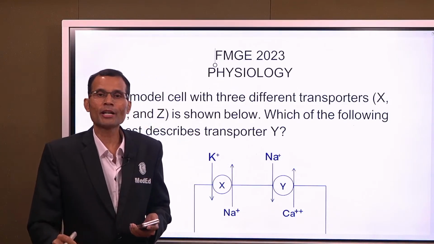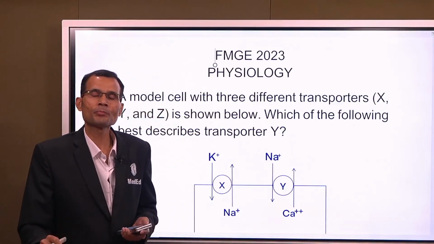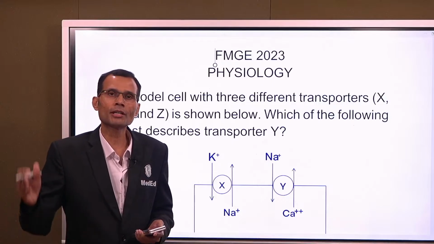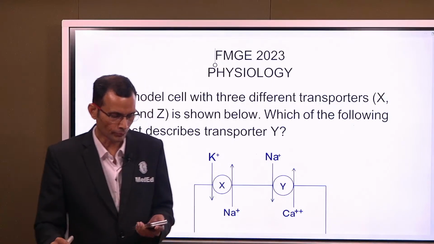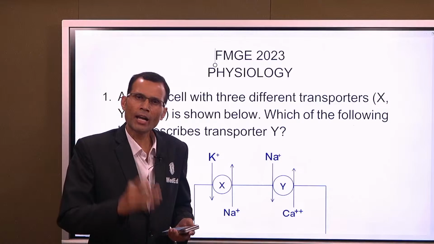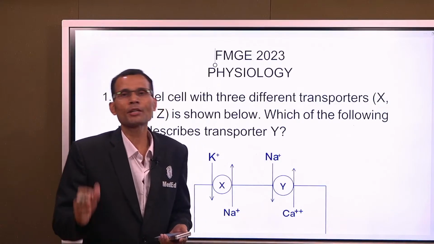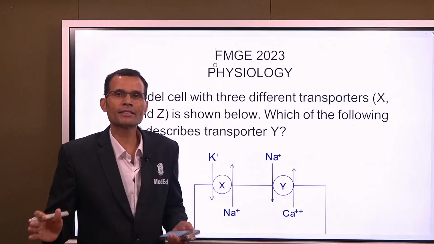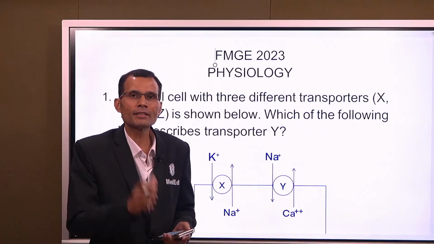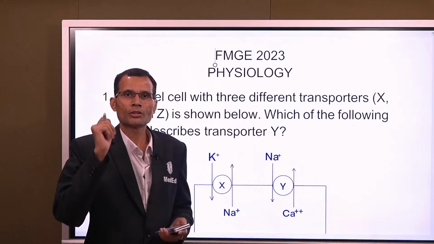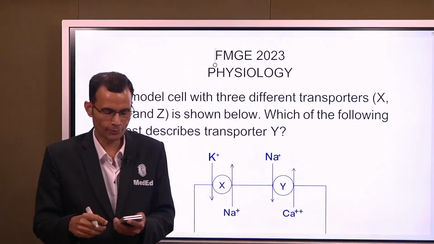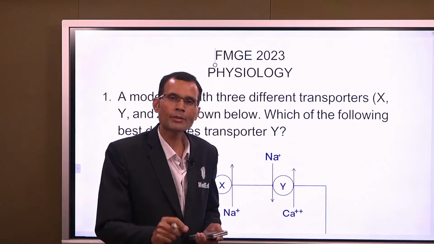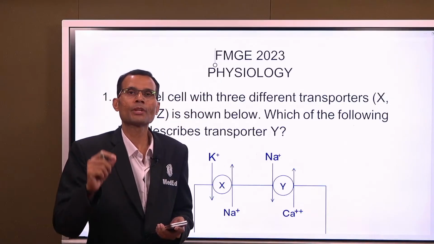So, what systems should be covered by an FMGE student for his or her FMGE exam? I have mentioned this before a number of times, but if you are writing down, please write it down. Before any exam, you should be well versed with these six systems: general physio, nerve muscle, CVS, RS, and kidney.